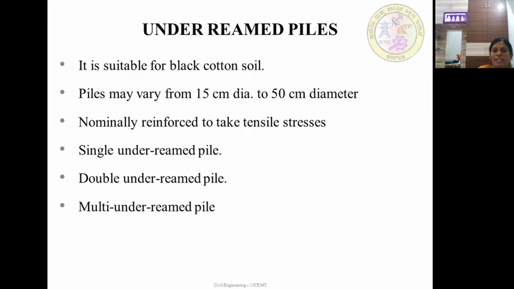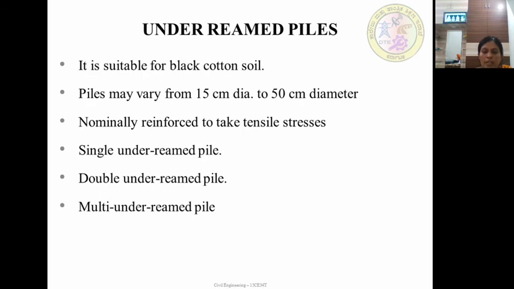Next, under-reamed piles. Under-reamed piles are suitable for black cotton soil, and piles may vary from 15 centimeter diameter to 50 centimeter diameter. The bulb, or under-ream, is formed by an under-reaming tool. The bulb diameter is 2 to 3 times the diameter of the pile. The length of the pile is 3 to 8 meter and the spacing between piles is 2 to 4 meter.